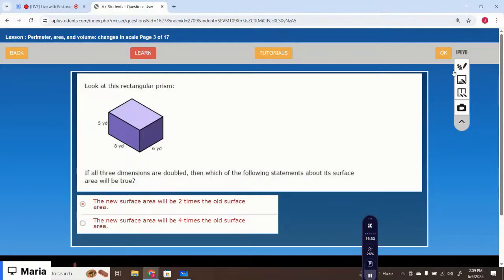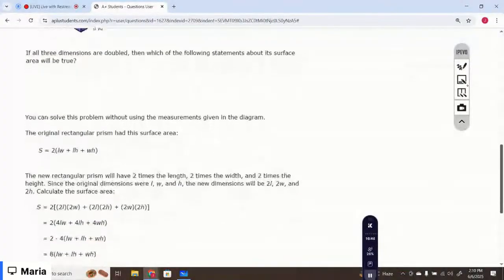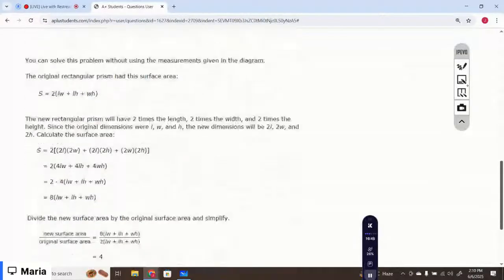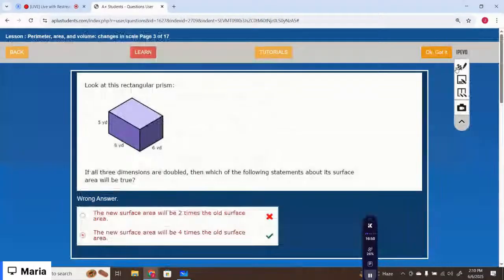So the new surface area will be 4 times the old surface area. Option number 1 should be right.